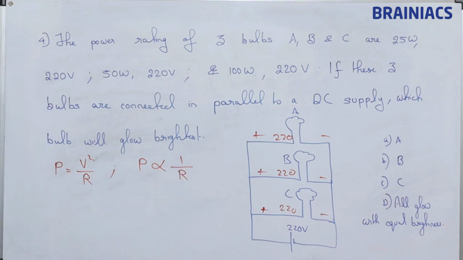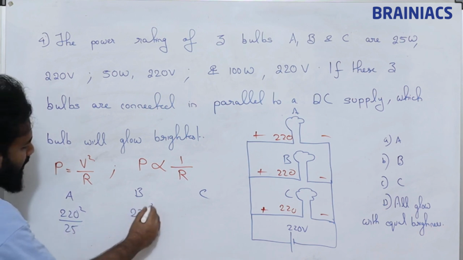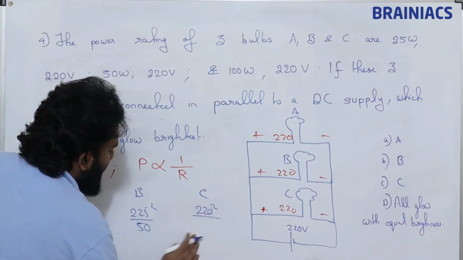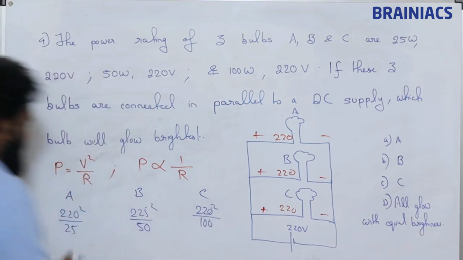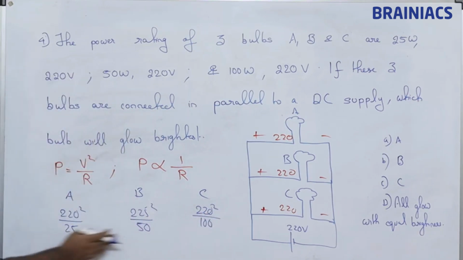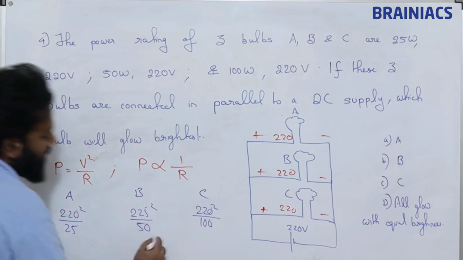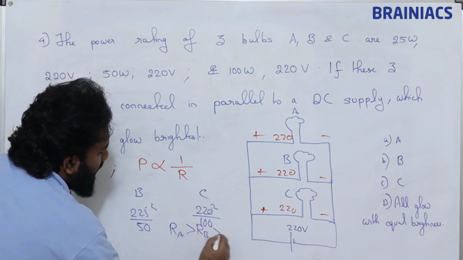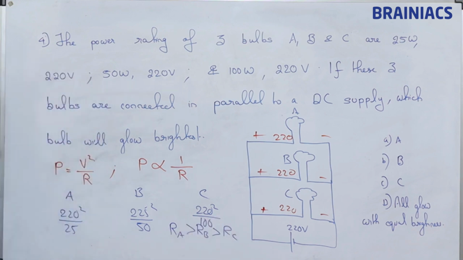So when we find the resistance of A, B, C as V square by P, it is 220 square divided by 25, 220 square divided by 50, 220 square divided by 100. So obviously RA is greater than RB is greater than RC.